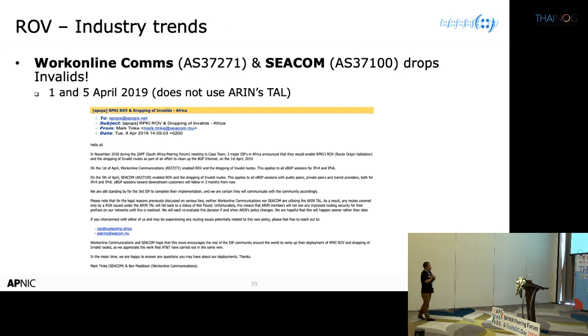So go ahead. You can drop invalids. But like we discussed, route origin validation only validates the origin autonomous system. It is not at all difficult for me to spoof someone's origin autonomous system.